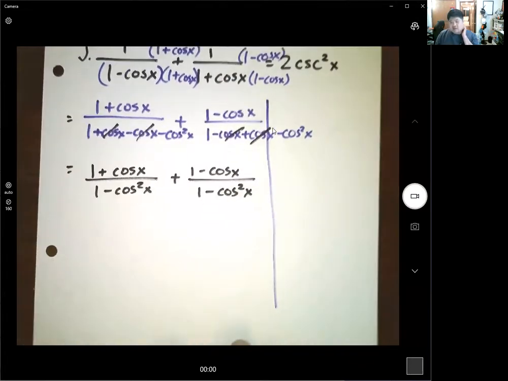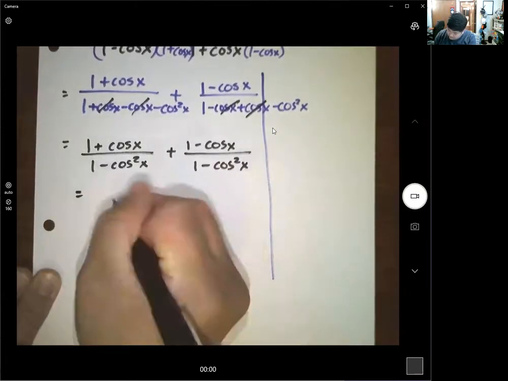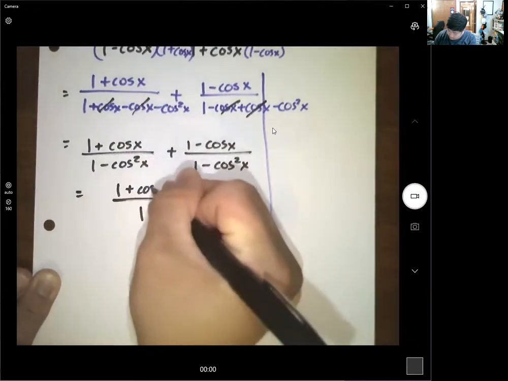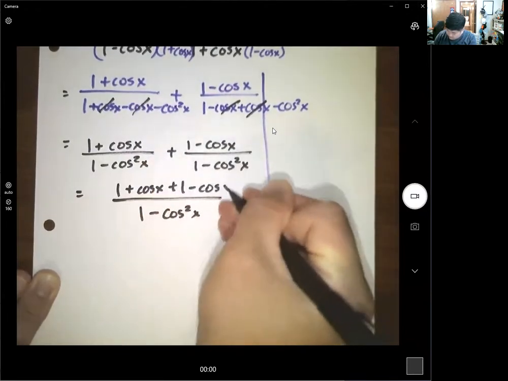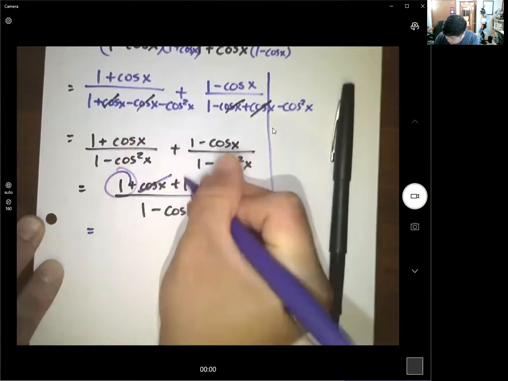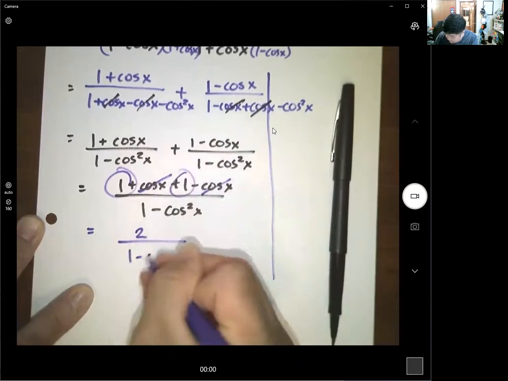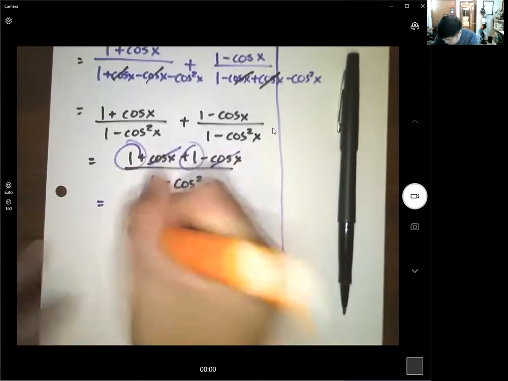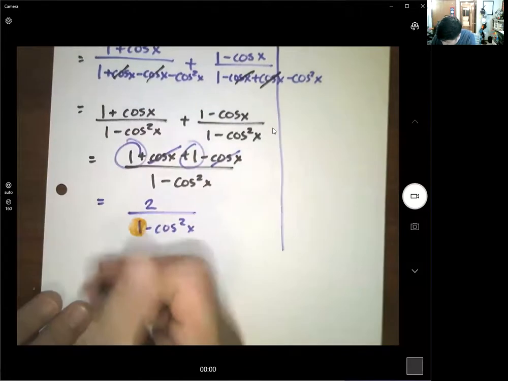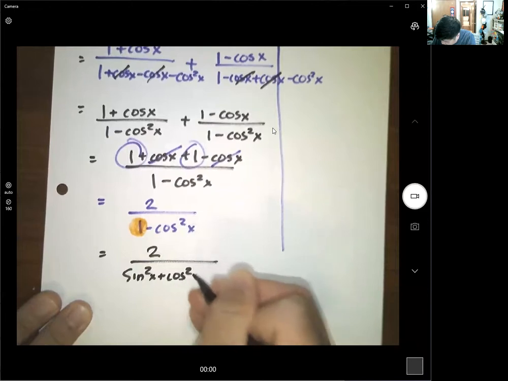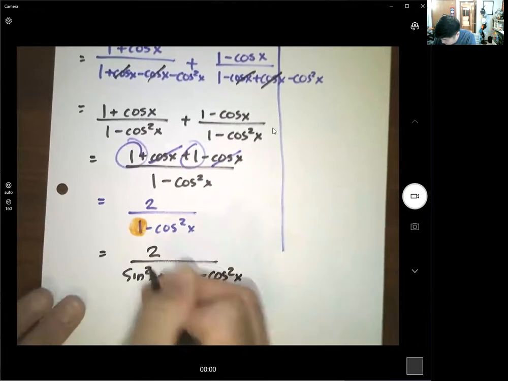Now that the denominators are the same, I'll just write this all over 1 minus cosine squared x. So I have 1 plus cosine of x plus 1 minus cosine of x, and the cosine of x zero out. So 1 plus 1 is 2, so 2 over 1 minus cosine squared x. But remember, in terms of sines and cosines, that 1 will be equal to sine squared x plus cosine squared x, minus cosine squared x here.